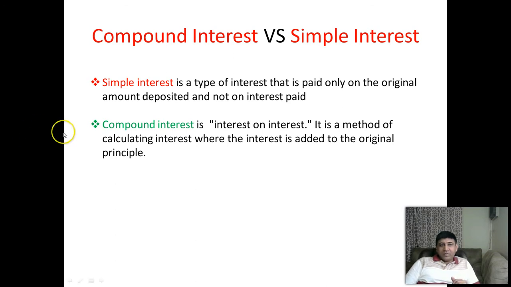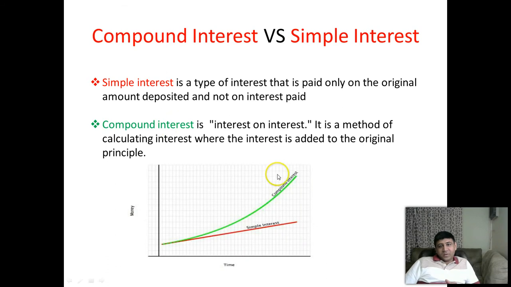Suppose you invest $1,000 in the bank. For simple interest, no matter how many years you invested, your interest will always be calculated based upon the original amount. But with compound interest, at the end of 1 year, whatever interest you earned will be taken into account in the next year's calculation, so you will get interest on that as well. Here is an example graph explaining how your money grows with simple interest and with compound interest. For the first few years it's basically the same, but as time evolves you start to see the effect of compound interest.